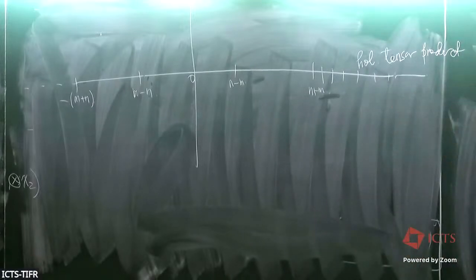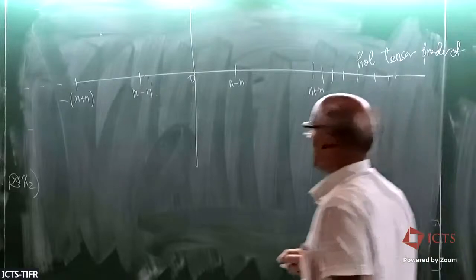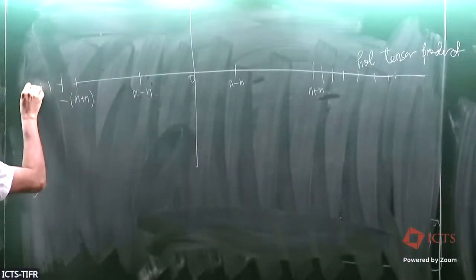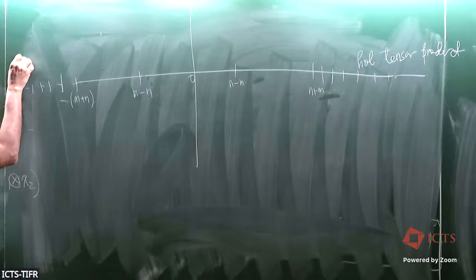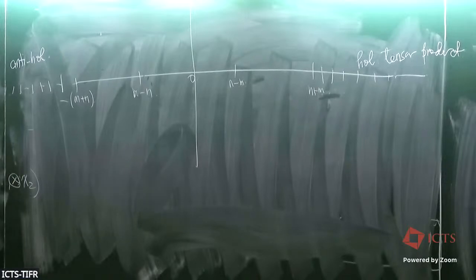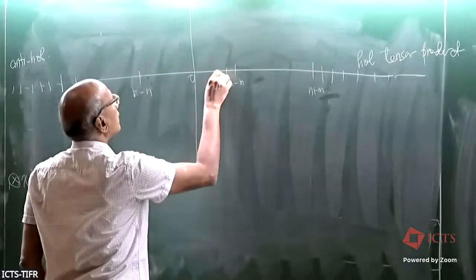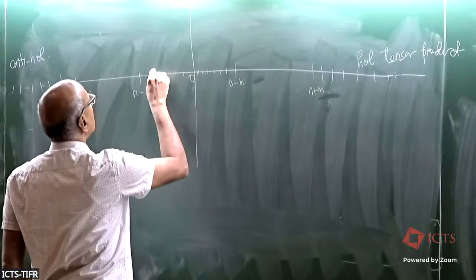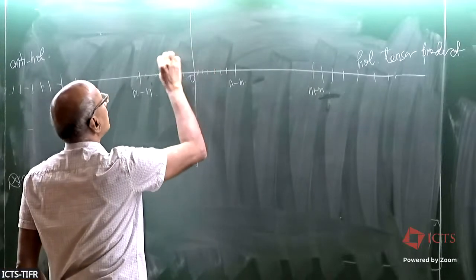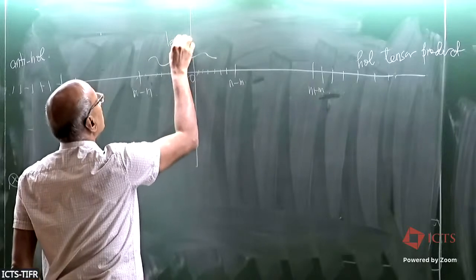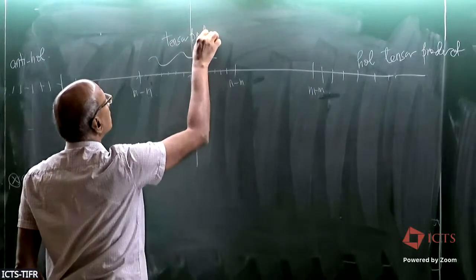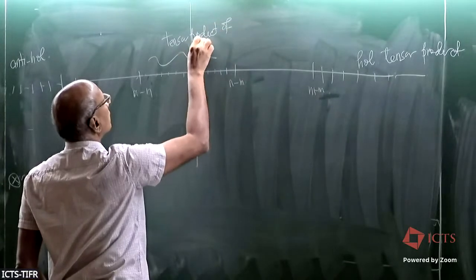They all come with multiplicity 1. And these ones are coming from anti-holomorphic. Then there are these ones which go from n minus m more or less to the origin, and they go like this. So this is the tensor product of holomorphic and anti-holomorphic.